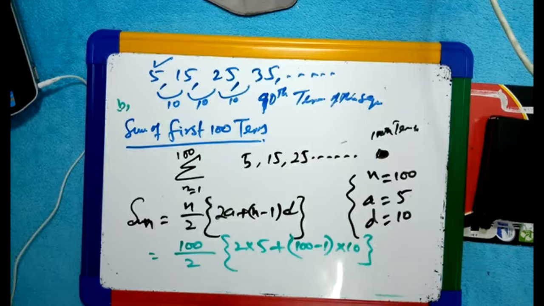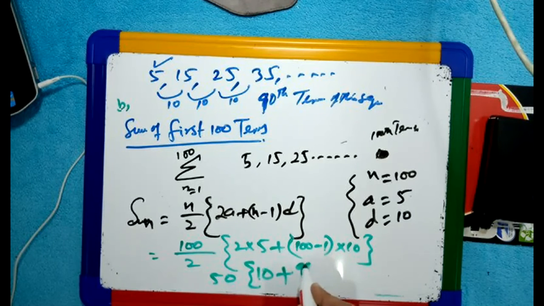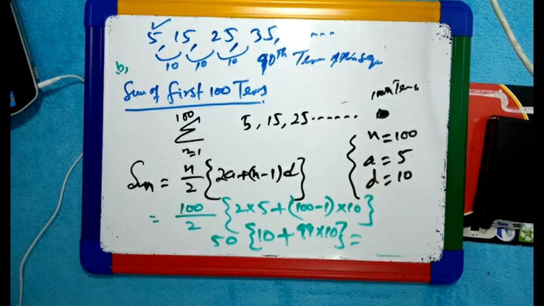Now we will calculate. This is 50 times, 10 plus 99 into 10. Now tell me the answer. Wait, I don't know where I put my calculator.